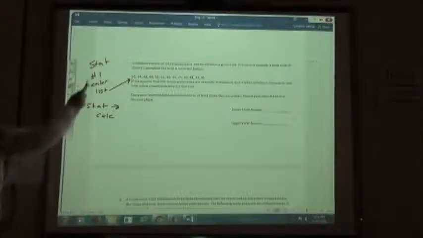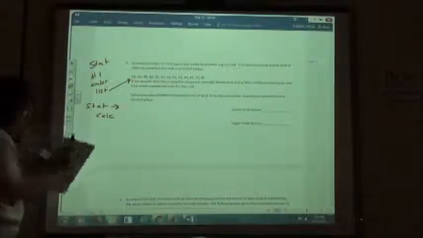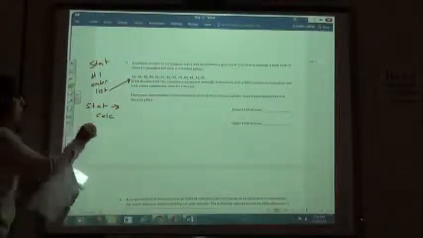So we're going to hit stat, and then go over to calculate, and then do number 1. And then just enter through your list. I don't know if you wrote it wrong or not, but we did stat 1, we entered our numbers in, then stat calculate, and we calculated number 1 again, which was one variable statistics.